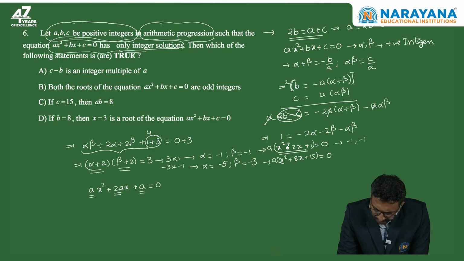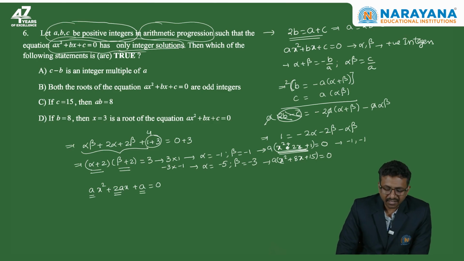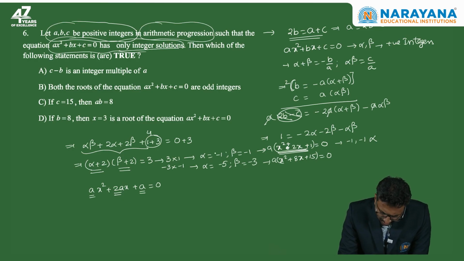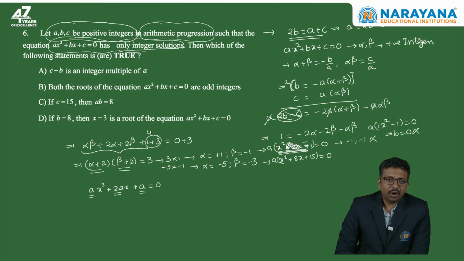You can see that the coefficients a, b, c are positive integers, but the coefficients are not in AP in this case. So we'll discard it, right? So alpha plus 2 is equal to 3. So alpha is equal to plus 1, sorry. So x square minus 1 is equal to 0. So you have a times x square minus 1 is equal to 0, which implies b is equal to 0 in this case, which is not valid.